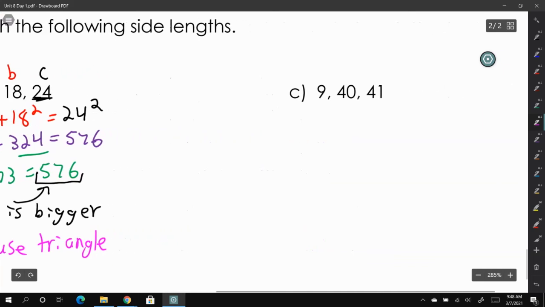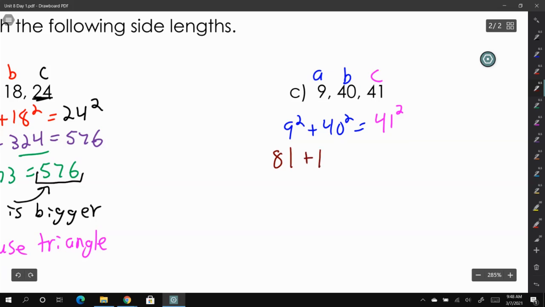And then here, A, B, C. So 9 squared plus 40 squared equals 41 squared. So we get 81 plus 1600, because 40 squared is 1600, equals, well, 41 squared is 1681.